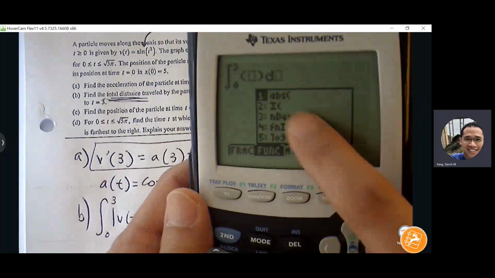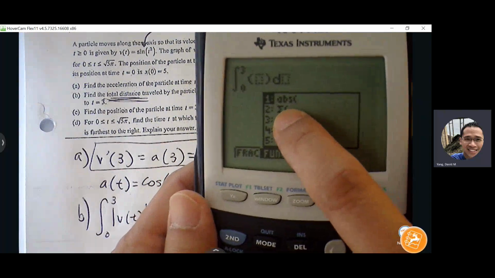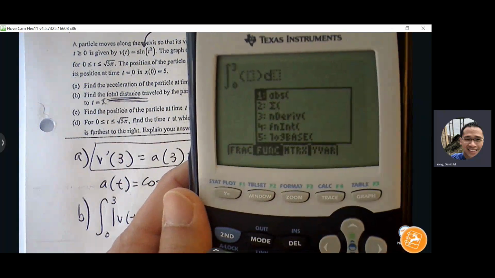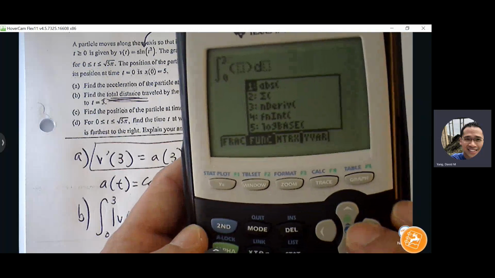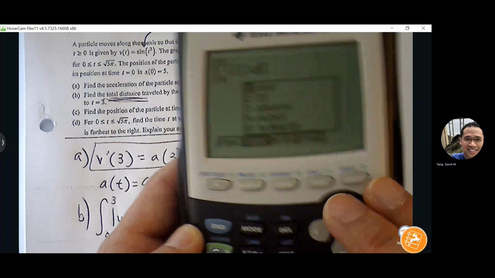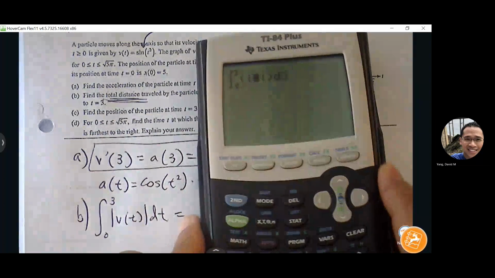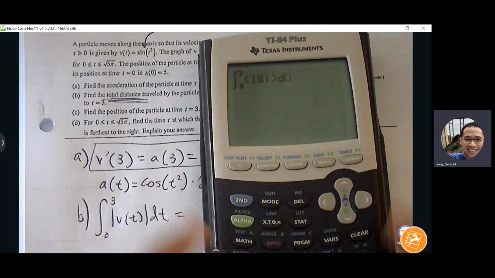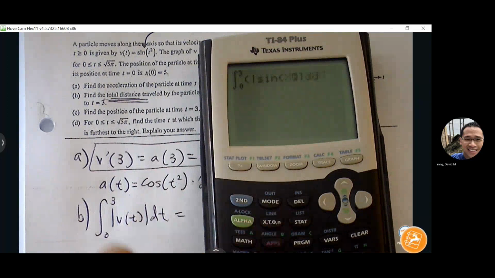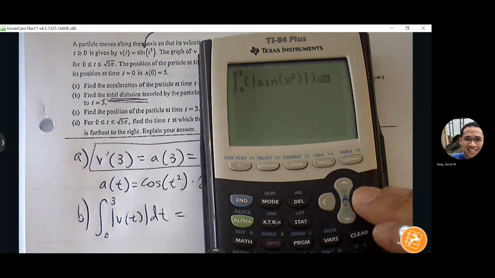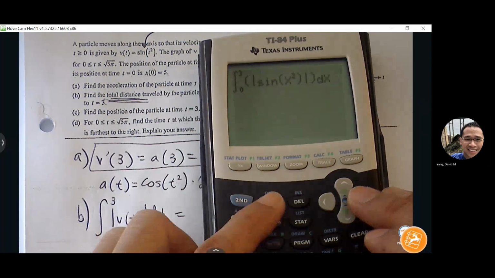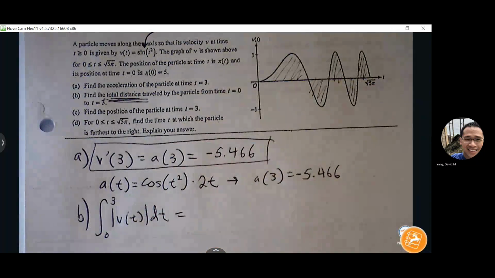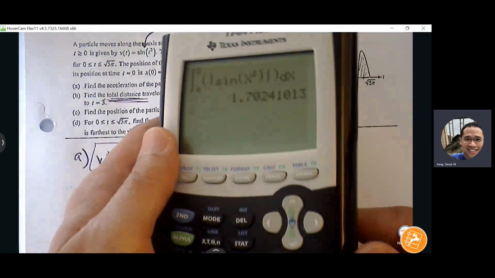If you go to alpha window, there's an ABS feature there. If that's any faster, or you can just do math number, but there are multiple ways to find that ABS. Type in your velocity function. It takes a while for the absolute value. Okay, 1.702.